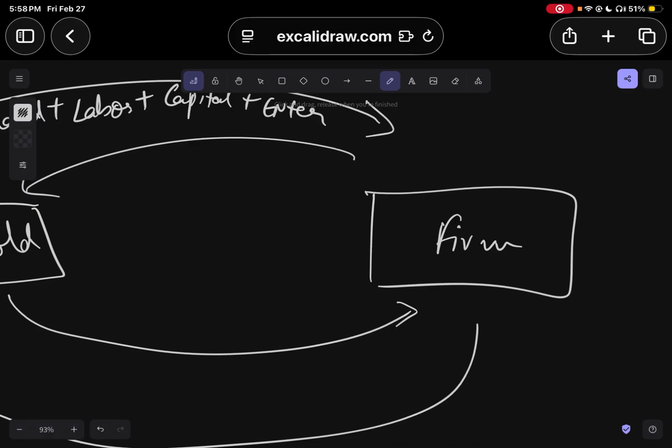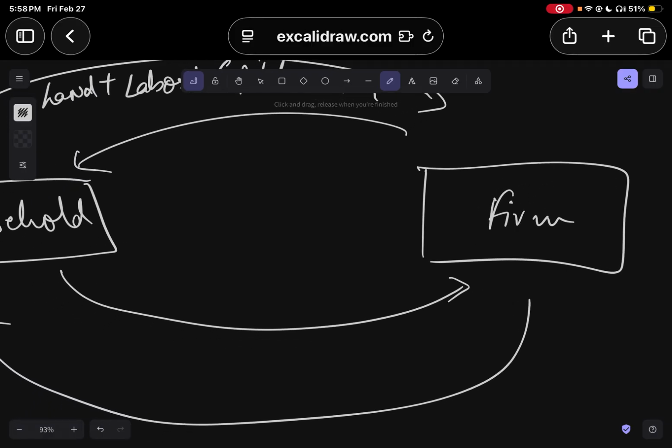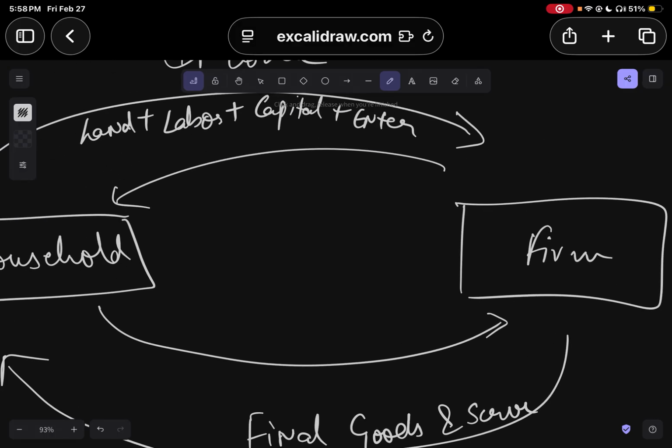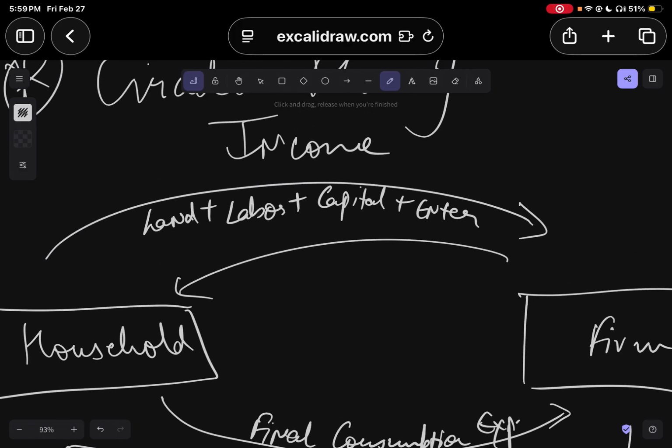Firms would then produce goods which will be purchased by households, and for that, households will do final consumption expenditure, and for the factors of production, the households will get rent plus wage plus interest plus profit. So this happens in a two-sector model.